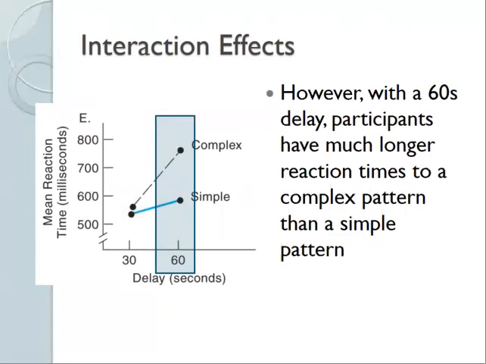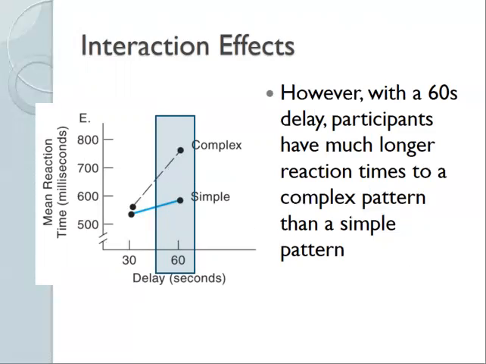In contrast, at a 60-second delay, people have much longer reaction times to the complex than the simple patterns. So what this means is that the effect of pattern differs depending on the amount of delay people have in responding. In order to fully interpret the interaction, you have to make sure you describe it at both levels of each independent variable.